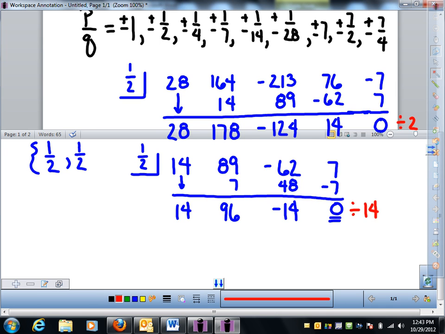So as I go through and try to simplify these, I'll get the following answers. Oh, wait, let's back up. I don't think 96 is divisible by 14.